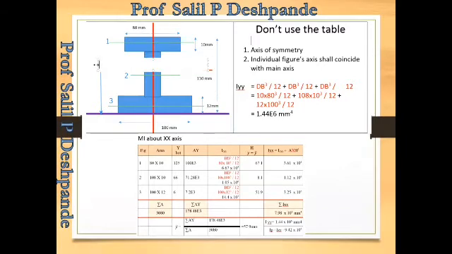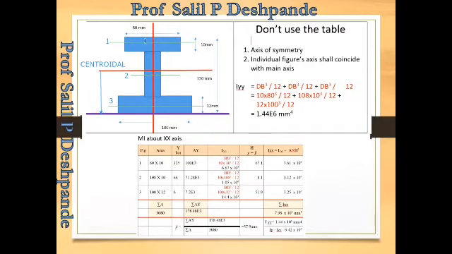We call it the neutral axis or the centroidal axis. So how to do that? That can be done using the parallel axis theorem.